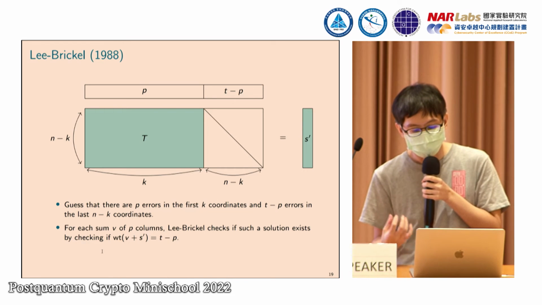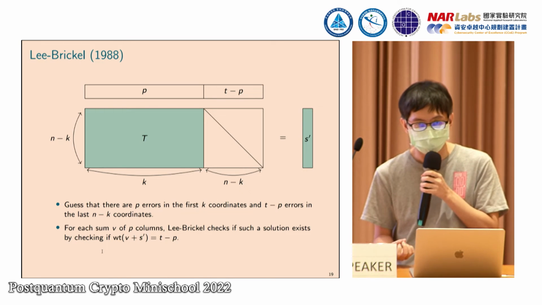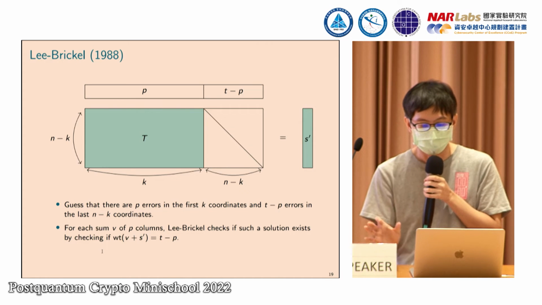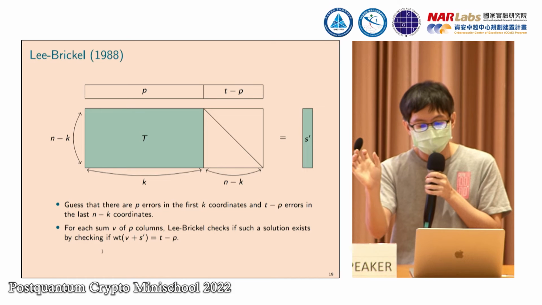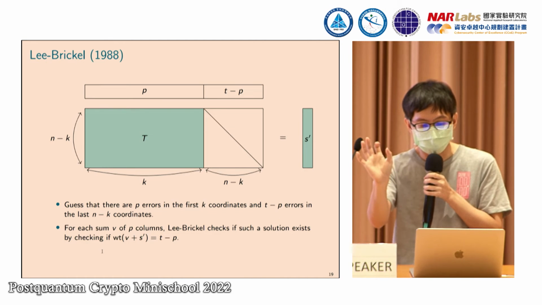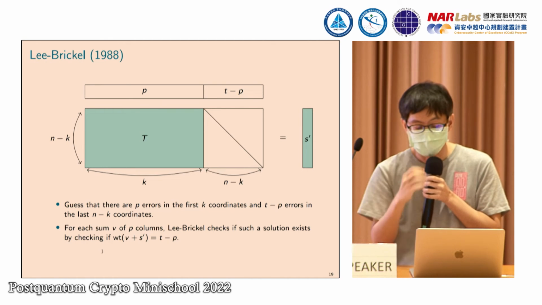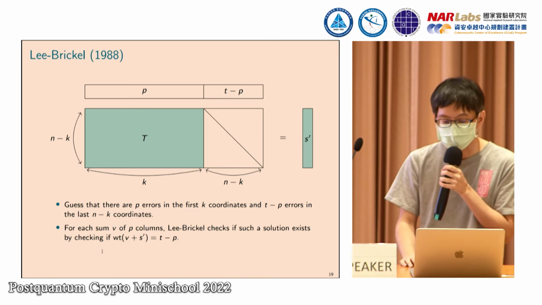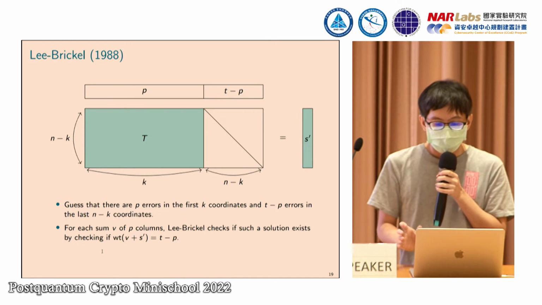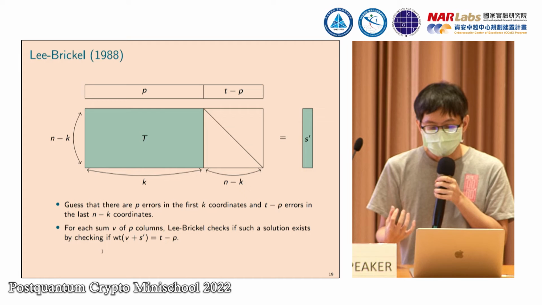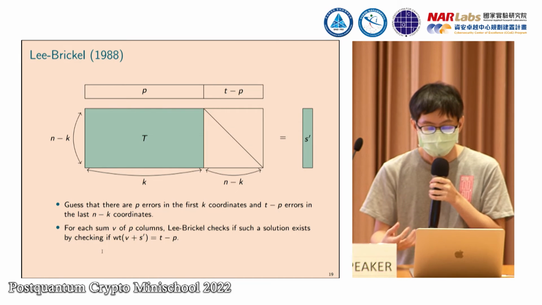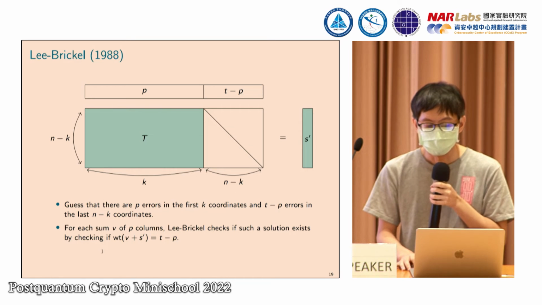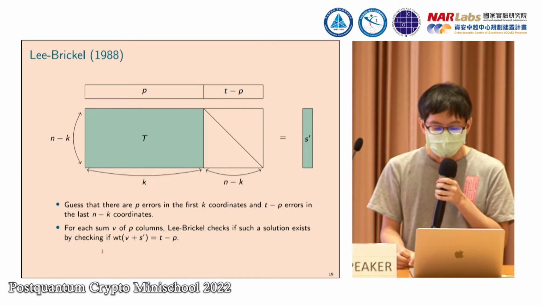So he said, okay, in order to increase the success probability, we will consider that in the first k entries of the error vector, we will have p errors instead of just 0 errors. And you should be able to imagine that this will largely increase the success probability of each iteration.